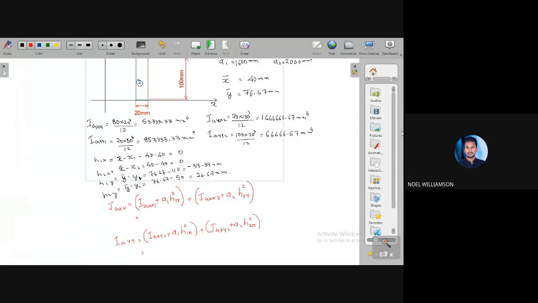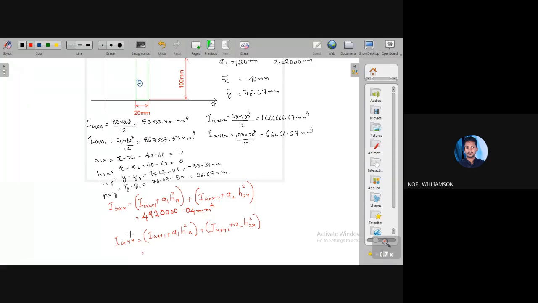Yes, right answer. For IGXX it is 492000.04 mm raised to 4.